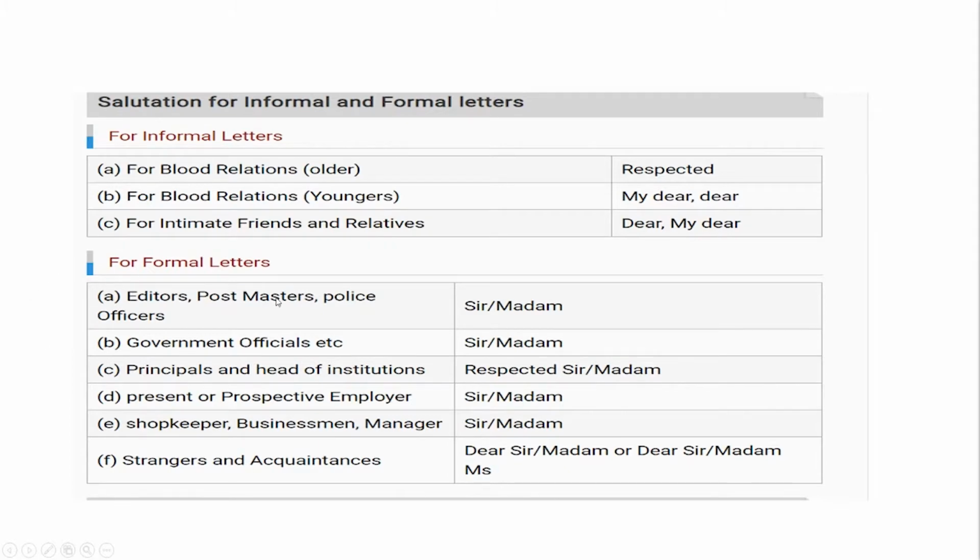So we have learned something about the salutations for informal and formal letters. Now I think there is no confusion about writing to anyone and how to address someone in the salutation.